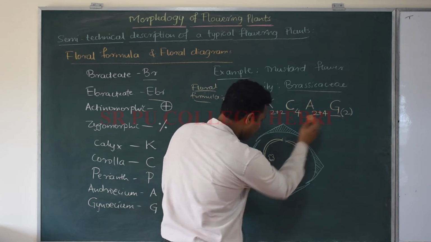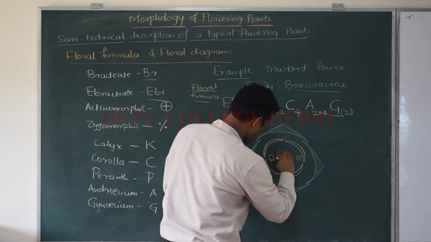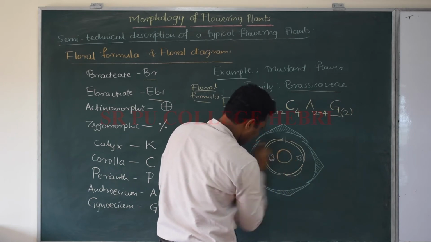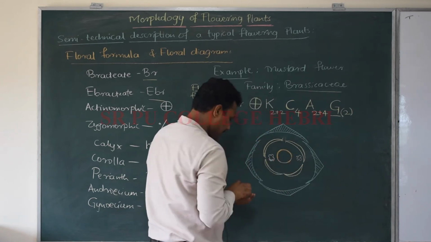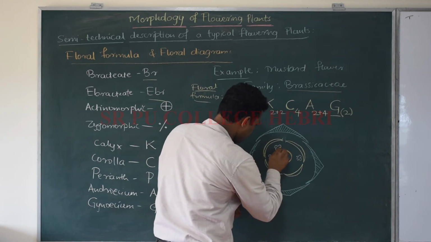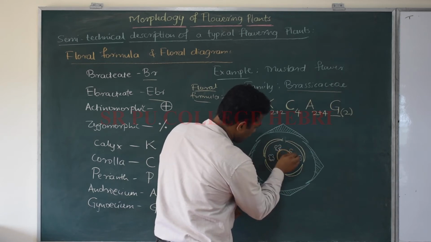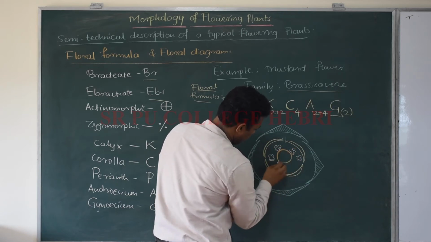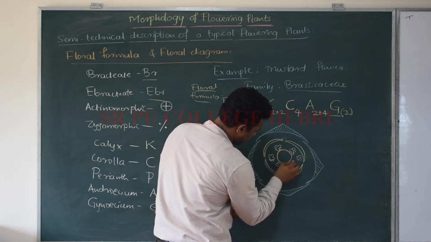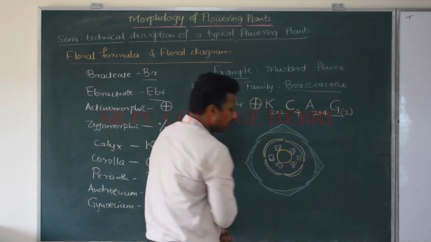It consists of 2 carpels. It is a circular structure at the center, and around that there are 4 anthers. Okay, it will be like this.